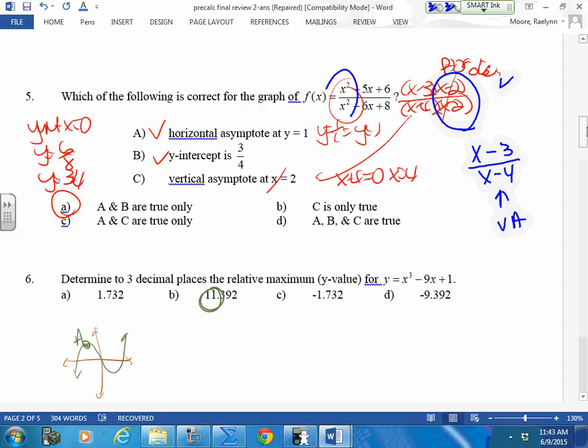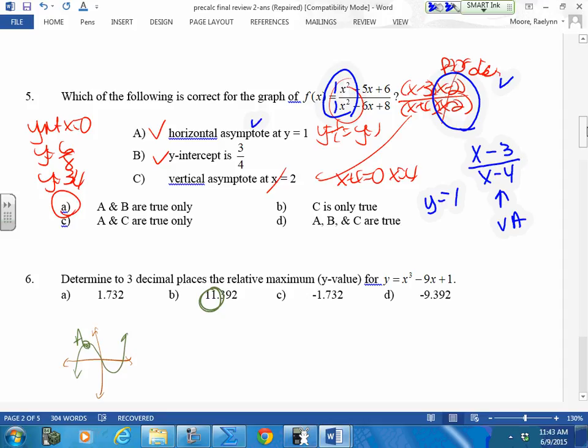Your horizontal asymptote is y equals 0. Oops, no, I'm sorry. It's both the same. Your horizontal asymptote is y equals 1. Okay, because they're both the same.